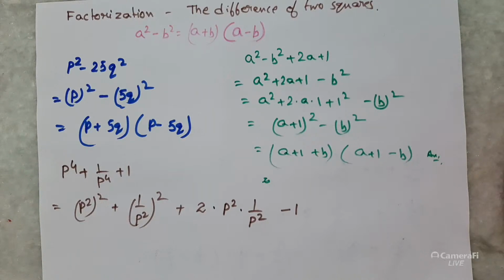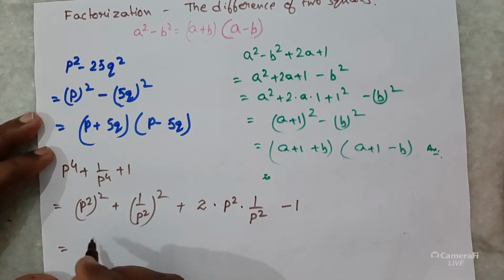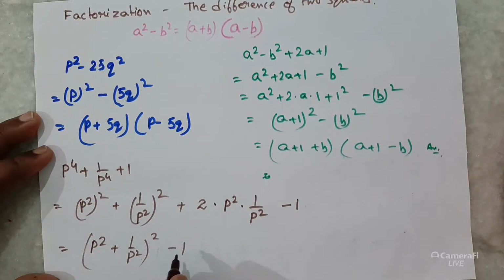Okay. So it will be p square plus 1 by p square whole square minus 1.